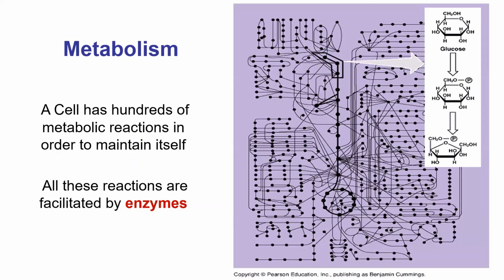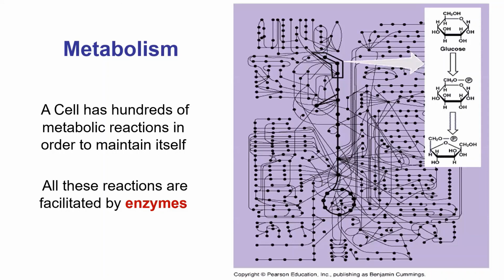Topic 9 is on enzymes, and I'll finish a few minutes early today. There's no point in me starting topic 9, but I'll say a couple of things about enzymes. If metabolism is all of these reactions going on, there's thousands of them, and that's what's shown in that map on the right.